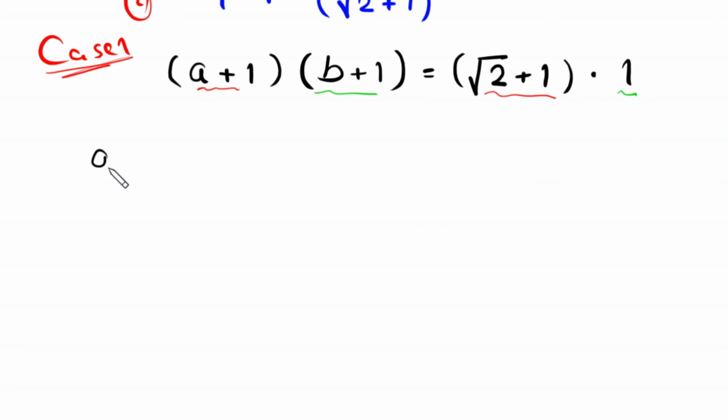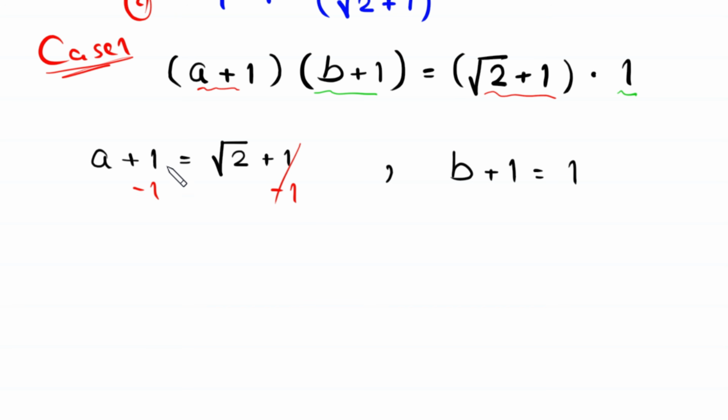From these equations we subtract 1 from both sides, and a will be equal to root 2, and b will be equal to 0.